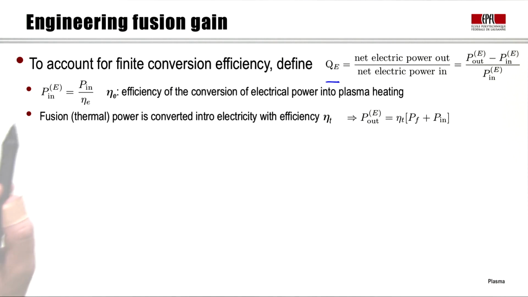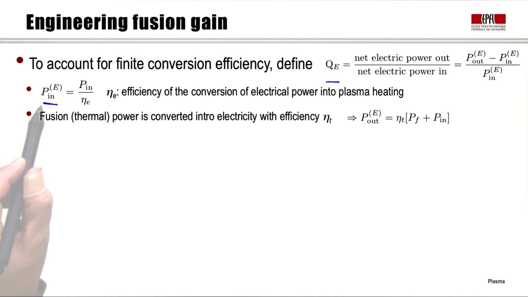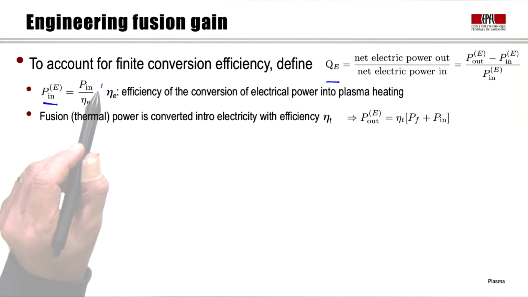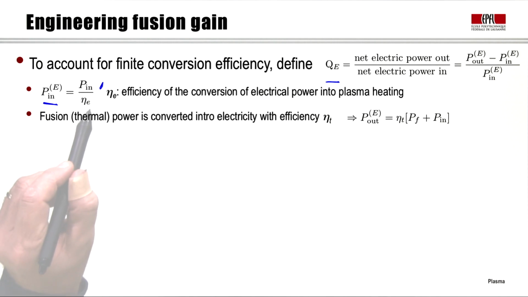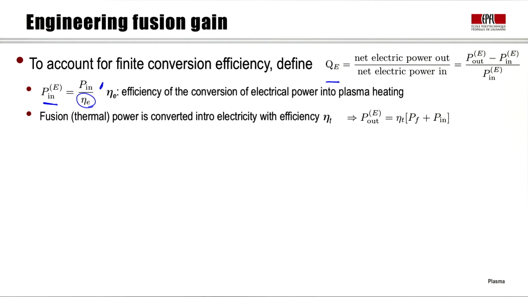Now the P in engineering terms corresponds to the power that goes into the plasma divided by the efficiency, which we call eta E, or the conversion of the electrical power into the plasma heating.